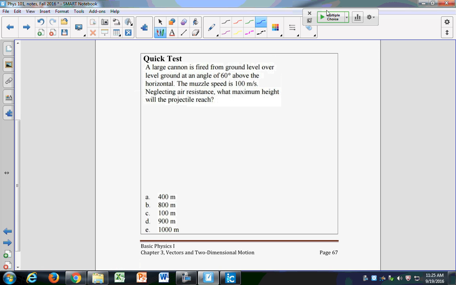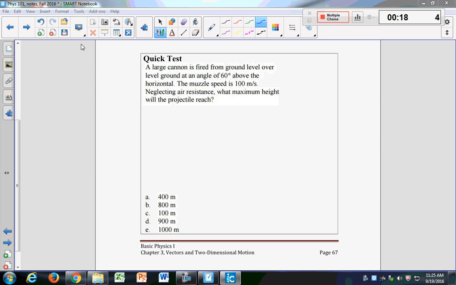A large cannon is fired over level ground at an angle of 60 degrees above the horizontal. Muzzle speed, that's the initial velocity, is 100 meters per second. What maximum height will the projectile reach? Take a couple minutes.